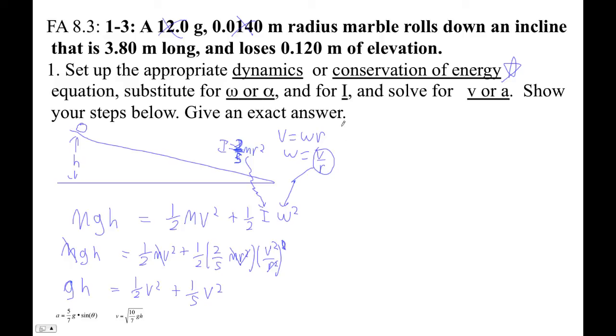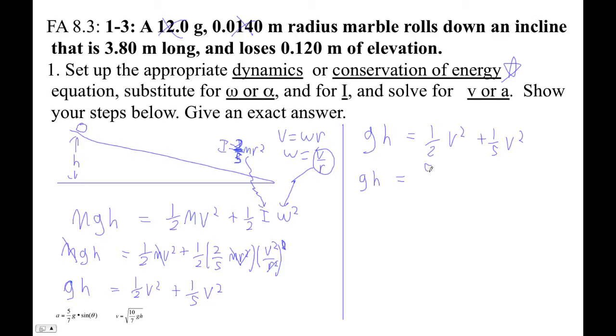Now let's go. gh is 1/2 v squared plus 1/5 v squared, right? So our common denominator, I guess 10, is that right?